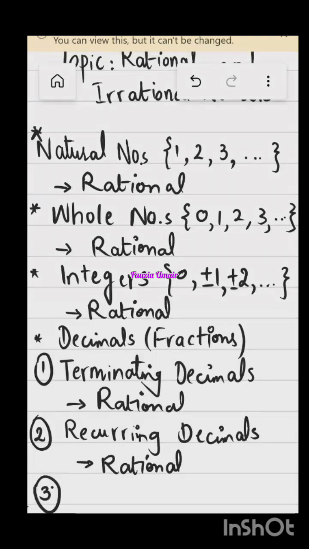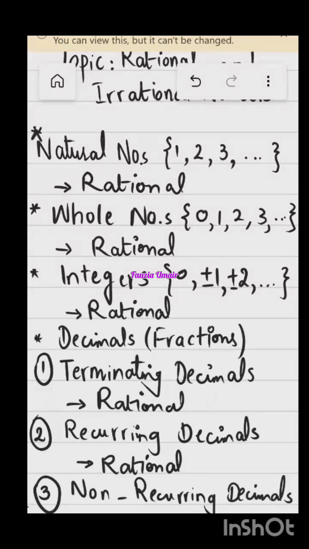So the third type of decimal is non-recurring. What is a non-recurring decimal? It is irrational. Right, it is irrational, and they are the ones where the decimal does not end and there is no pattern in the repetition.